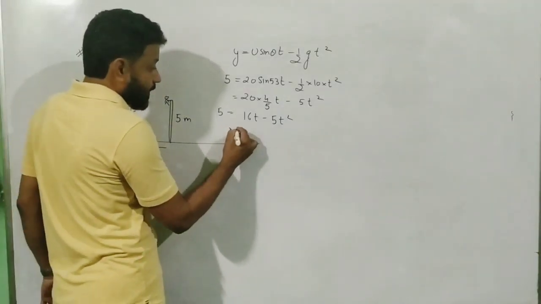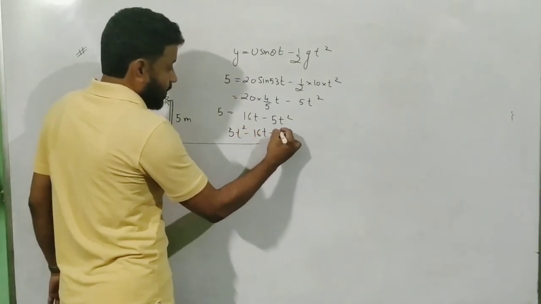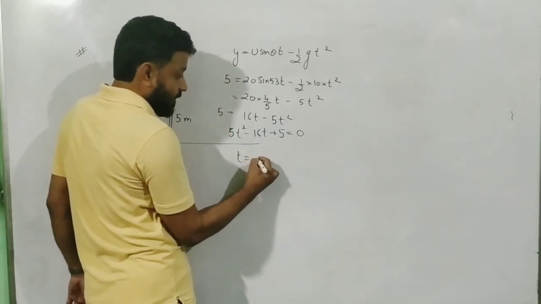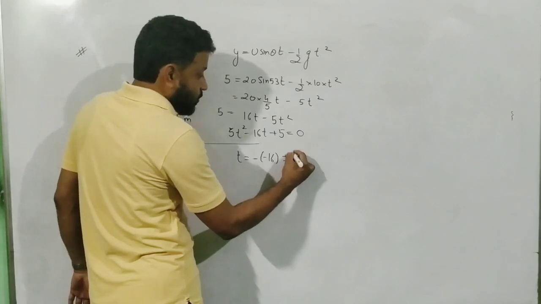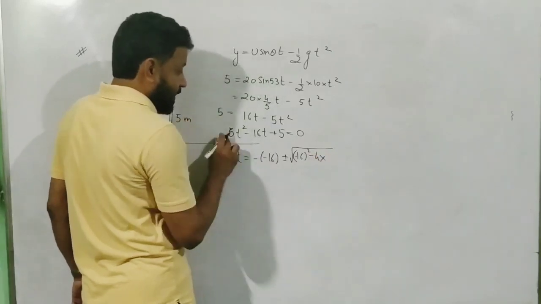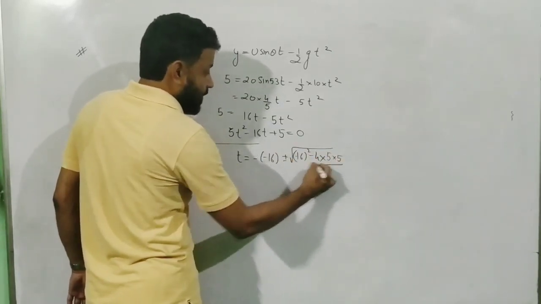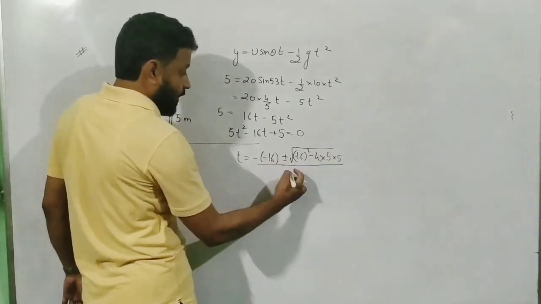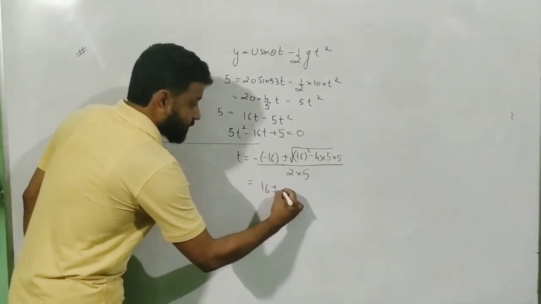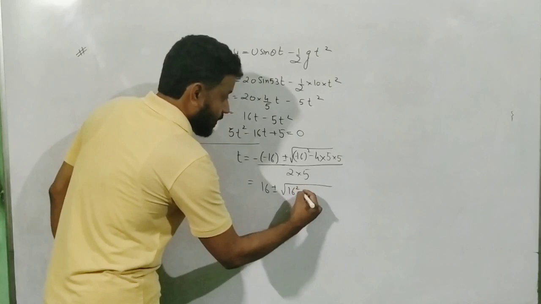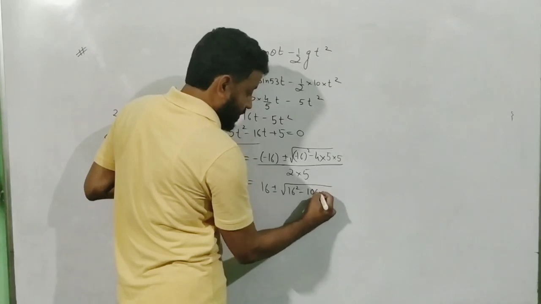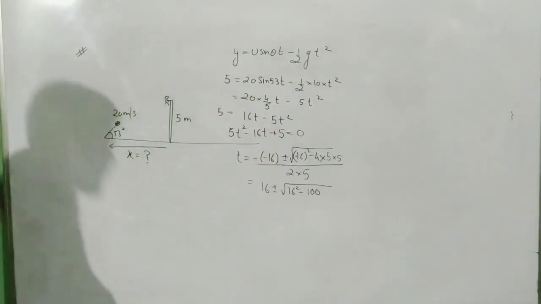Now if I start solving this quadratic equation, I will get a result like this, and then I will write the value of t. t = (−b ± √(b² − 4ac)) / 2a, where b is −16, a is 5 and c is 5. So t = (16 ± √(16² − 4×5×5)) / (2×5). 4 times 5 is 20, and 20 into 5 is 100, and 16² is more than 100.